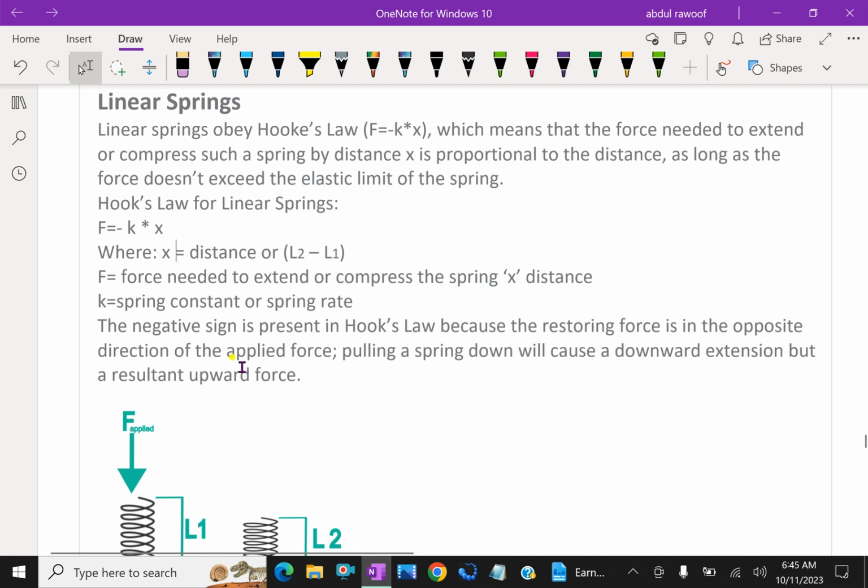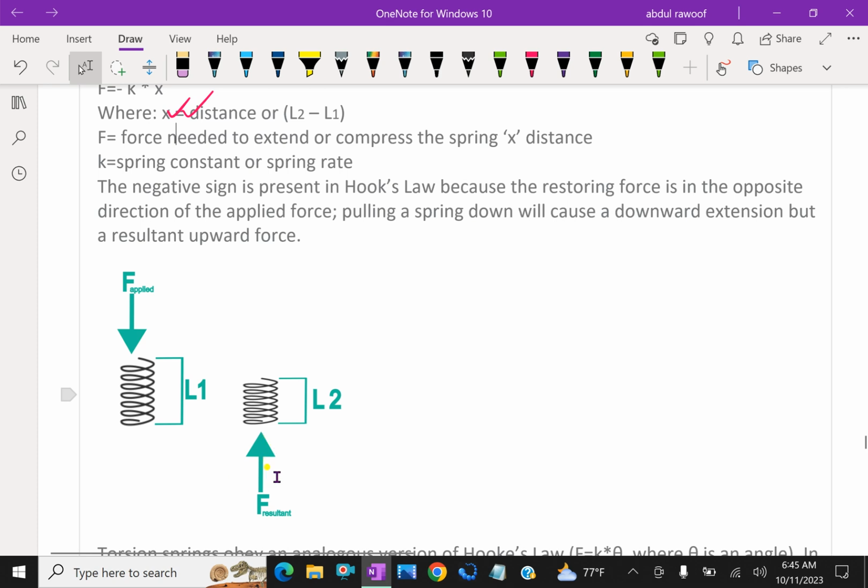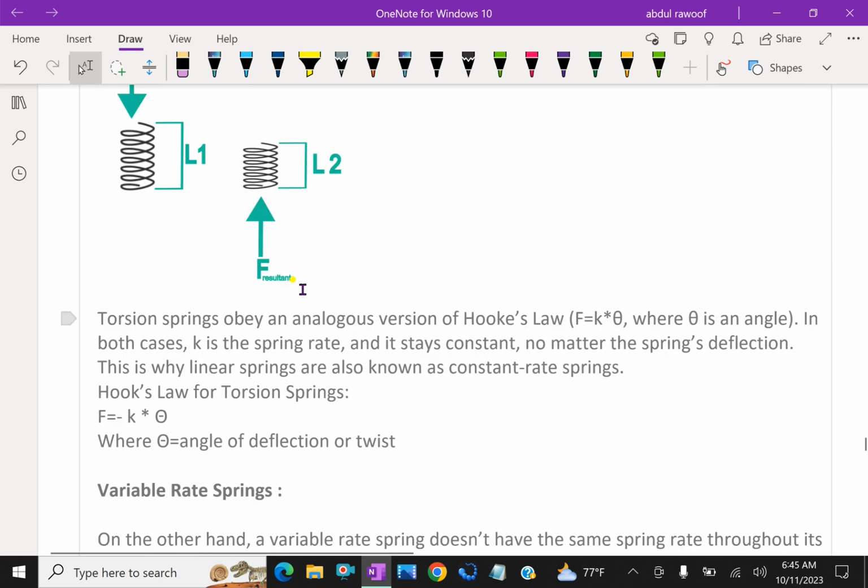It means when we are compressing, the load is downward, and at the same time the spring gives a resisting force opposite to the applied load. That is why there is a minus sign. Pulling a spring down will cause a downward extension, but the resultant force is upward. Look here. Suppose the compression load is here, the spring withstands this. This load is in the opposite direction, and the resultant is in the opposite direction.